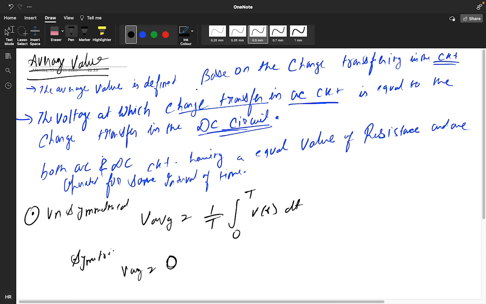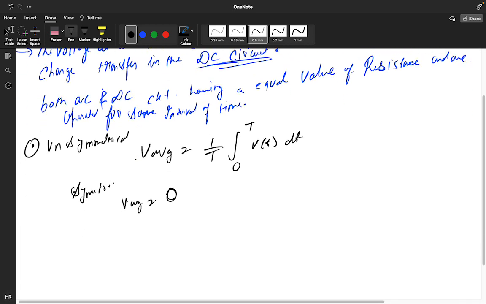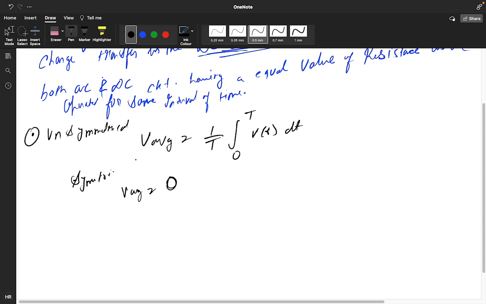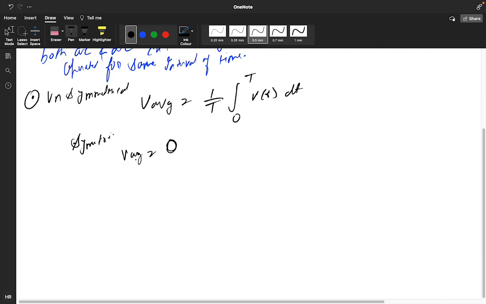The average value is defined based on the charge transferring in the circuit. These things are in the notes, so you can go through the notes, but it is better you write them now, it will be more useful.